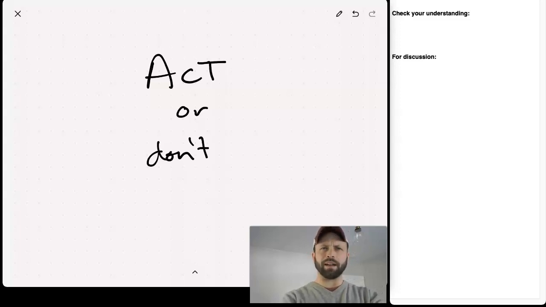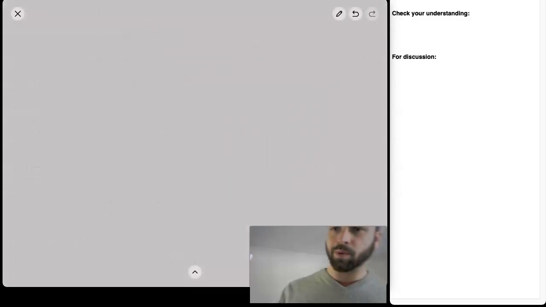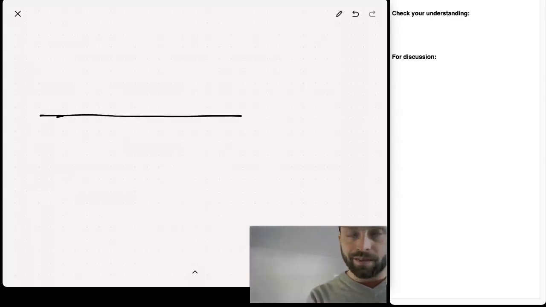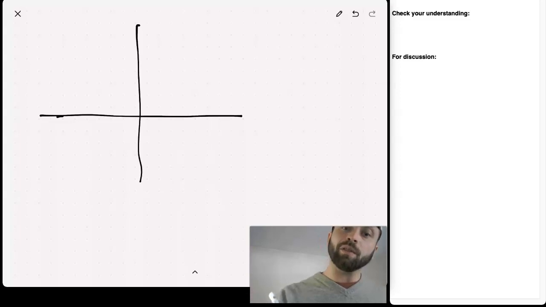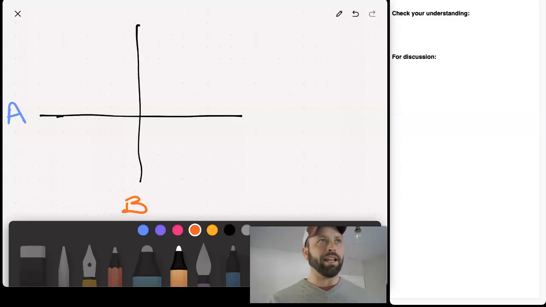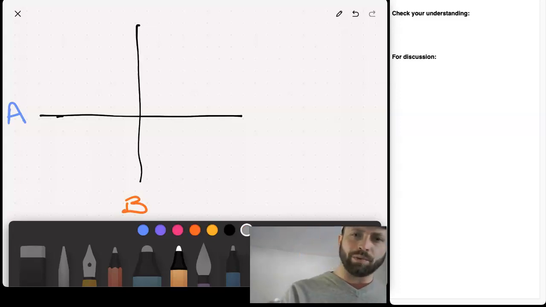And you can see why there might be some sort of gamesmanship to this. The way that we're going to think about this is in a typical game theory grid. Again, we're going to use a simple 2x2 matrix here, and we're going to have the A country and the B country.